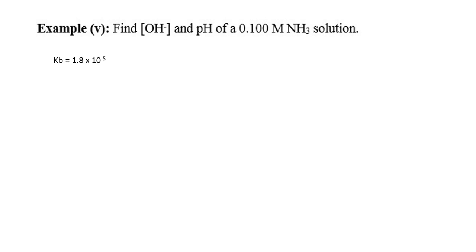So, example: find the concentration of the hydroxide ion and then the pH of a solution that is 0.100 molar ammonia, NH3. And here the Kb to two significant figures is 1.8 times 10 to the power negative 5. How do you deal with a problem like this one?